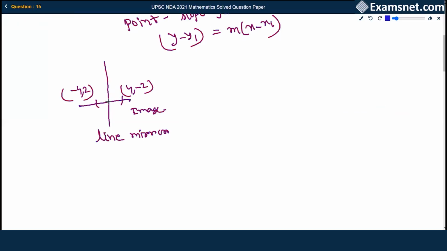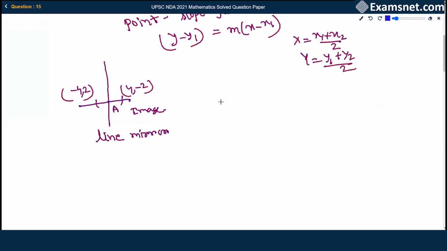So if there is a point A on the line mirror, A will be the midpoint of these 2 points, right? So we can easily find the coordinates of A with the help of the midpoint formula. That formula is x equals x1 plus x2 by 2 and y equals y1 plus y2 by 2.